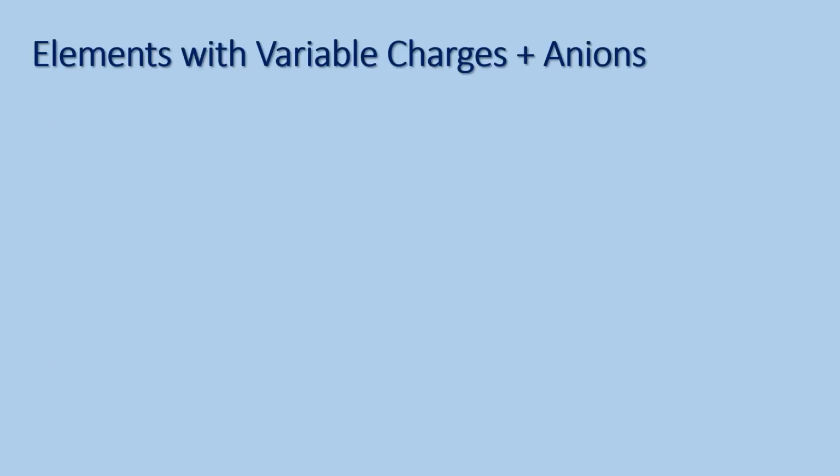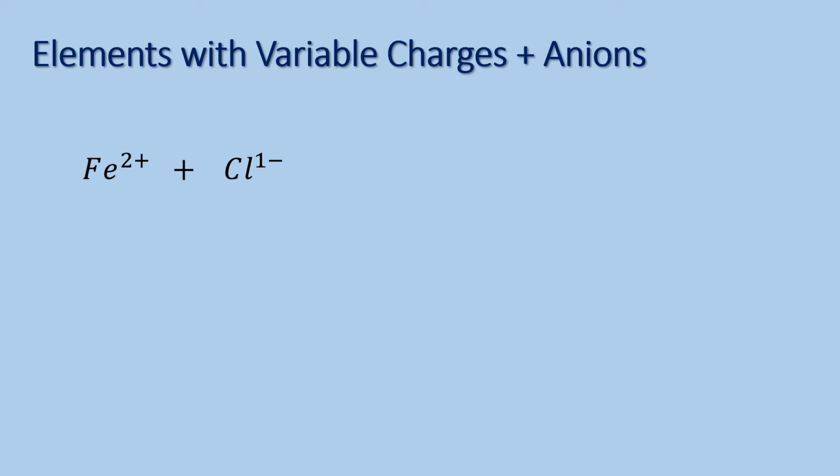So elements with variable charges combining with anions. For example, let's use iron with a charge of positive 2 combining with chloride, negative 1. Since this iron is a metal with a positive charge, a cation, and chloride a nonmetal with negative charge, this involves ionic bonding.